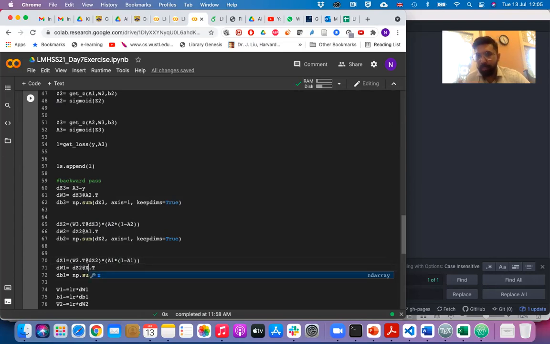So you see that sometimes there is A in the product and sometimes it's X. So think of X as A0. If you think of X as A0, then everything is the same pattern: A2, A1, A0. So everything flows in a regular pattern.